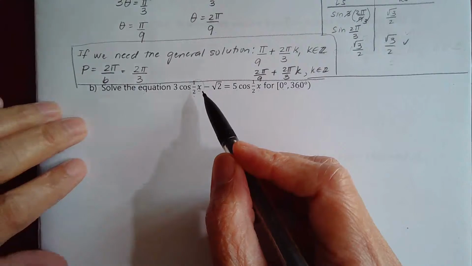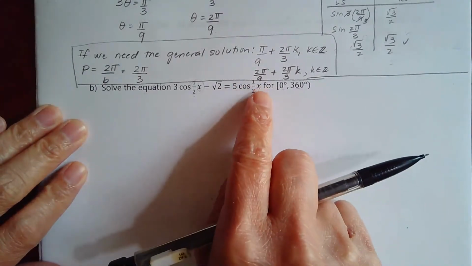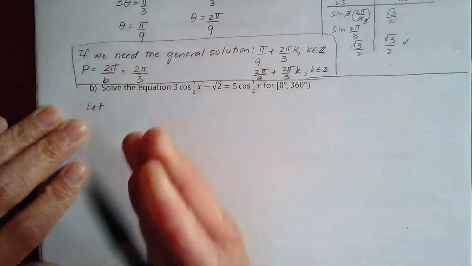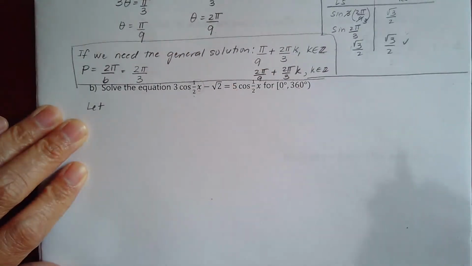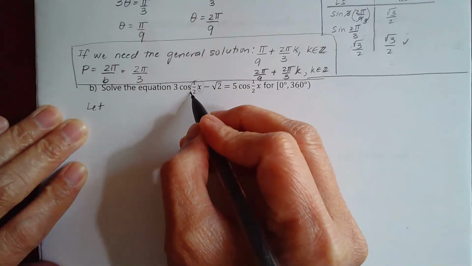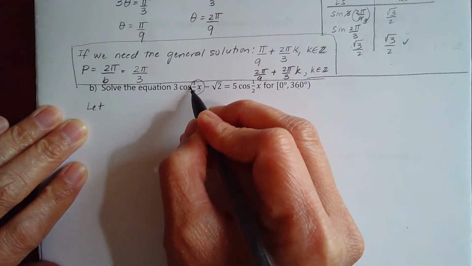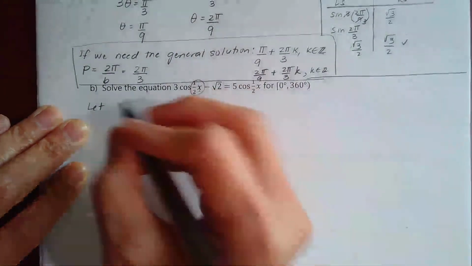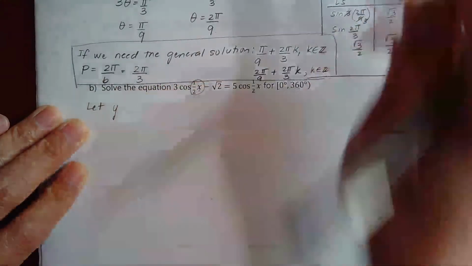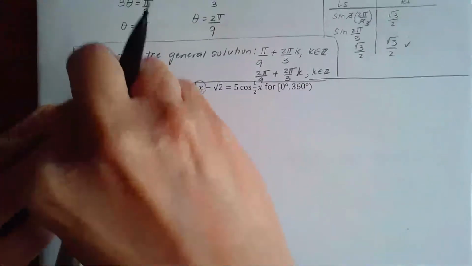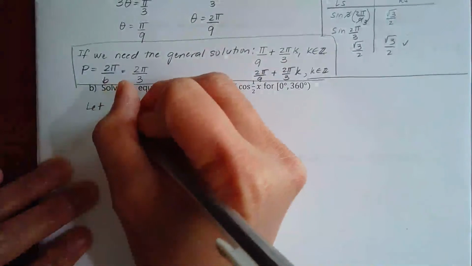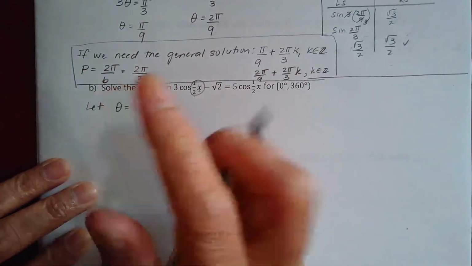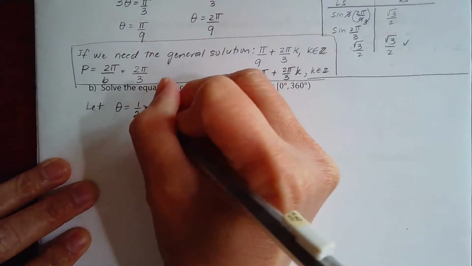What we're going to do is let a different variable, instead of saying 1/2 x, we're going to say let y, no, that's not a good idea. Let's just go theta. Let theta equal 1/2 x.